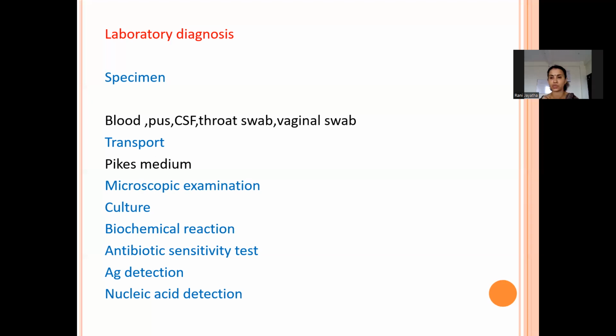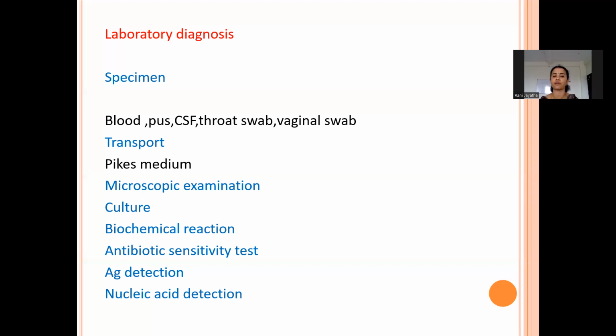For biochemical reactions, the organism ferments some sugars, does not ferment ribose, and produces acid. It is catalase negative, because Streptococcus is catalase negative and Staphylococcus is catalase positive. The PYR test, the pyrrolidonyl naphthylamide test, is a positive and important biochemical test for Streptococcus.